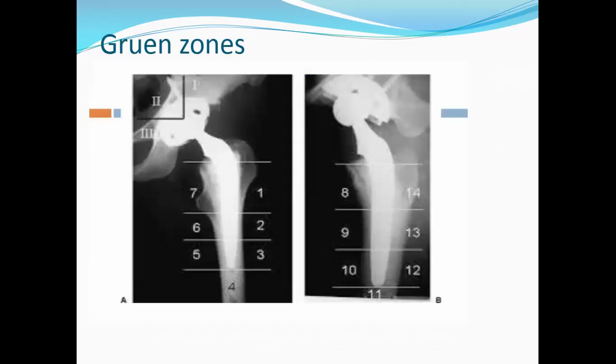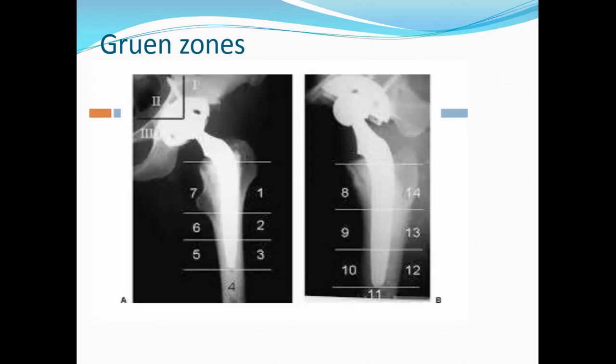We will describe the femoral zones. There are 2 X-rays for the hip, AP and lateral. In the AP, there are 7 zones, starting from the greater trochanter, up to zone 4 at the tip of the prosthesis, then 5, 6, and 7 at the lesser trochanter.